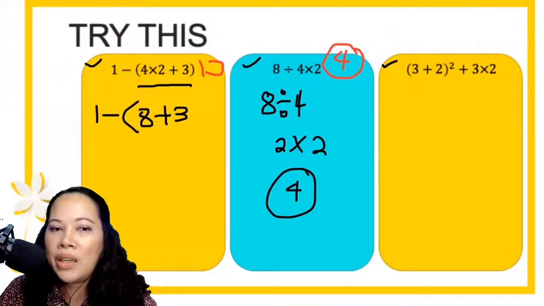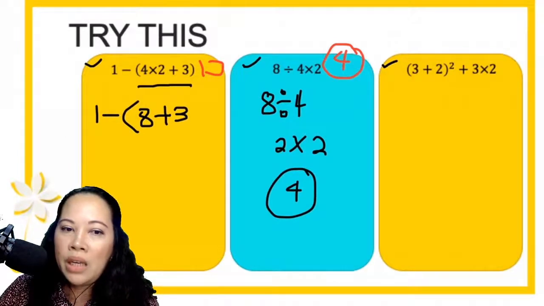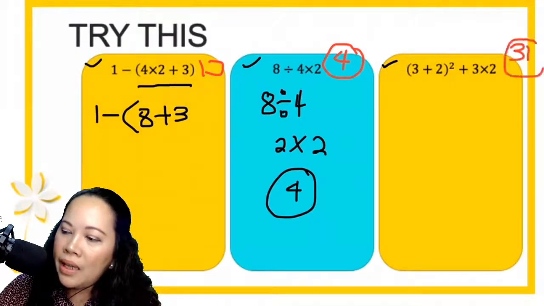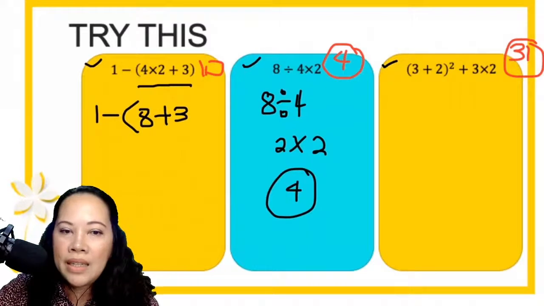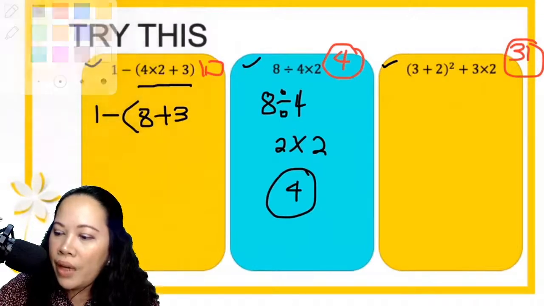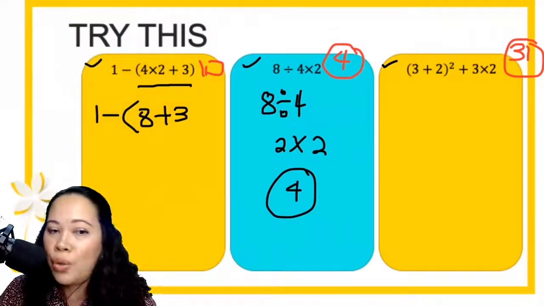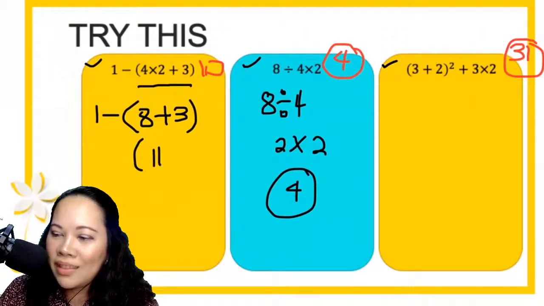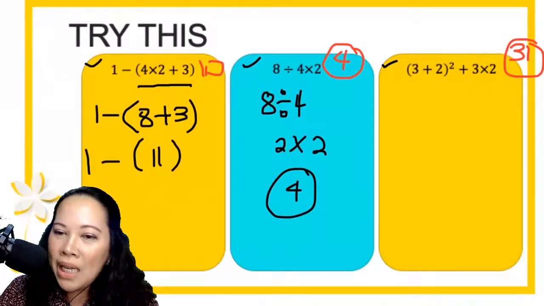Your answer is 10. Sorry, it's 4 times 2. 4 times 2 is 8, plus 3, you have 11, right? And 1 minus 11 is negative 10, not 10.